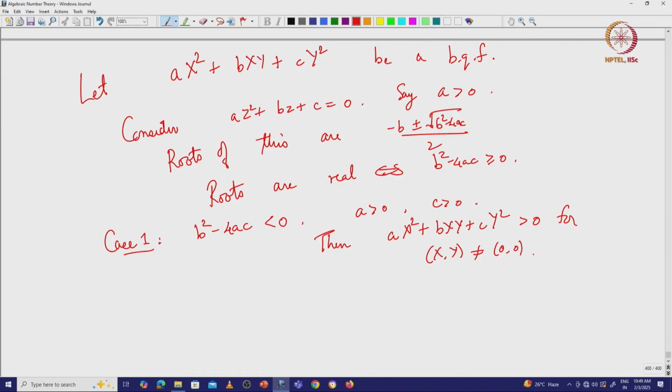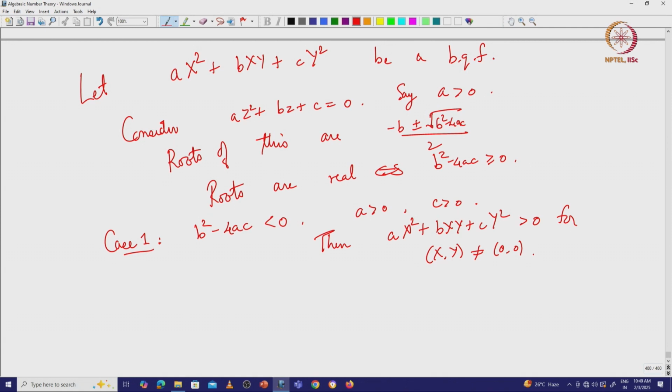Right? Because this is the same as asking when az squared plus bz plus c is bigger than 0 for a non-zero integer z, or the other way around, a plus bz plus cz squared is bigger than 0.